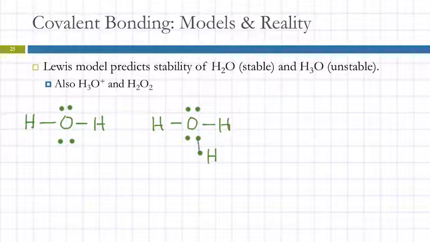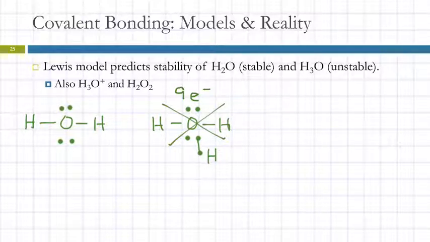It could share 1 electron from its lone pair. This hydrogen's happy now. It's got this single bond, so it's got 2 electrons. How many electrons does the oxygen have now? 9. More is not better. We want exactly 8. So our theory predicts that this is not going to be stable. And it isn't, because you've got 9 electrons on there. So that's not good.